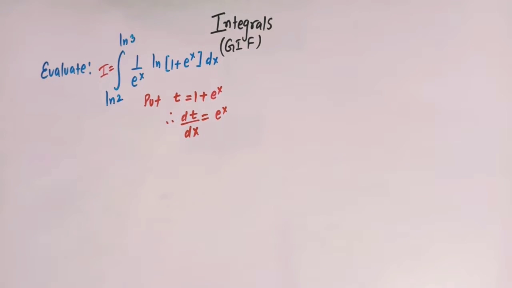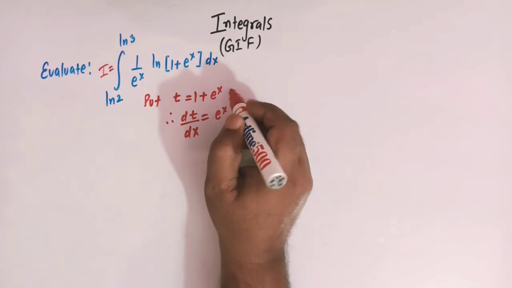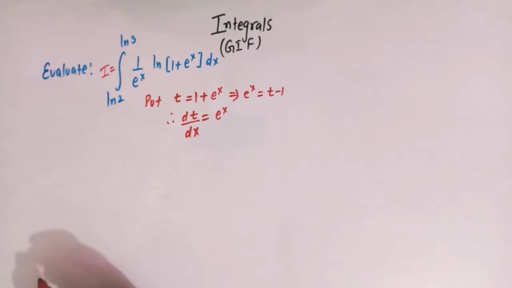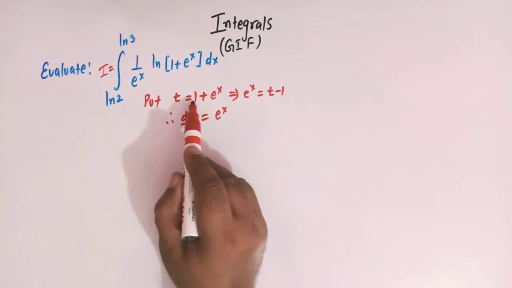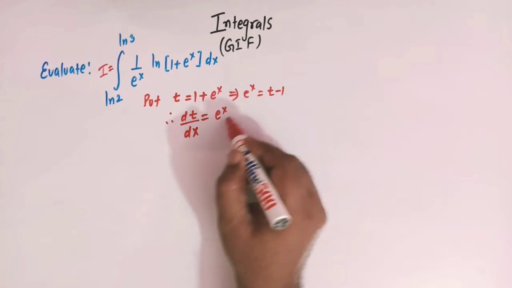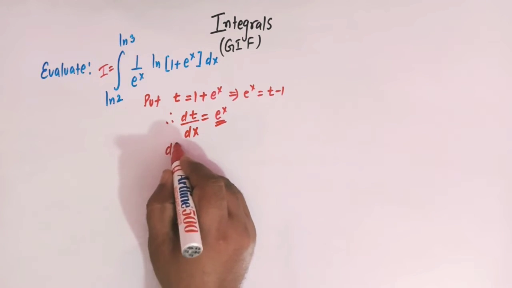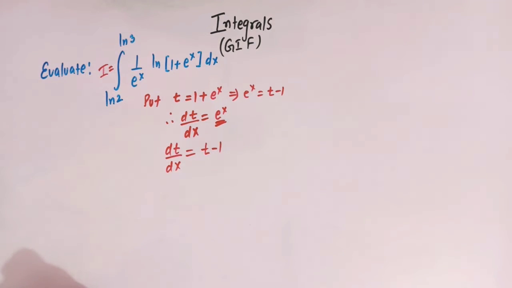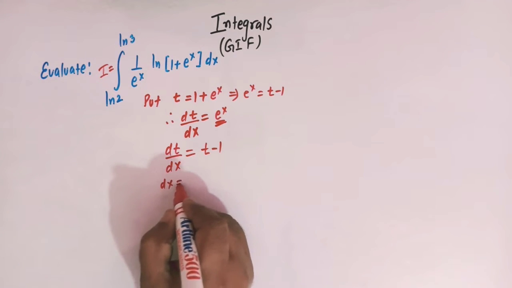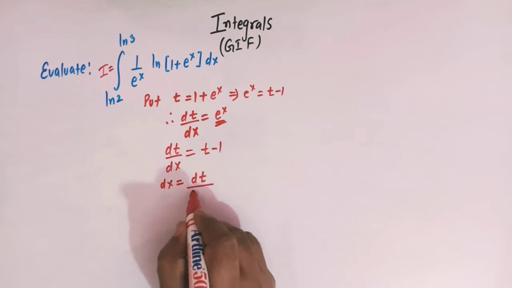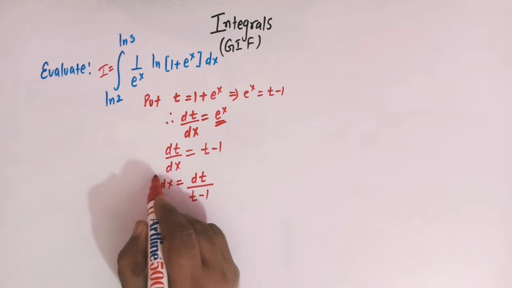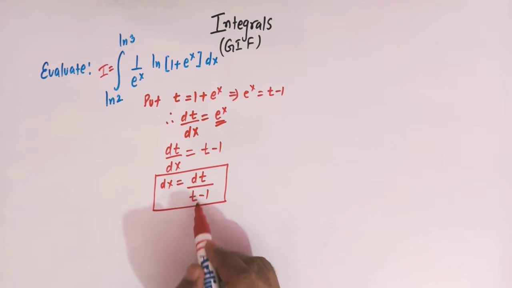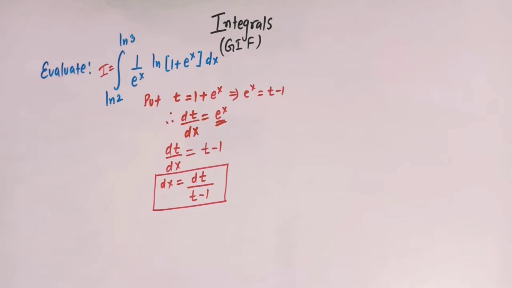Now we can replace e raised to x by t minus 1, so dt over dx is equal to t minus 1. So now we can write dx is equal to dt over t minus 1.